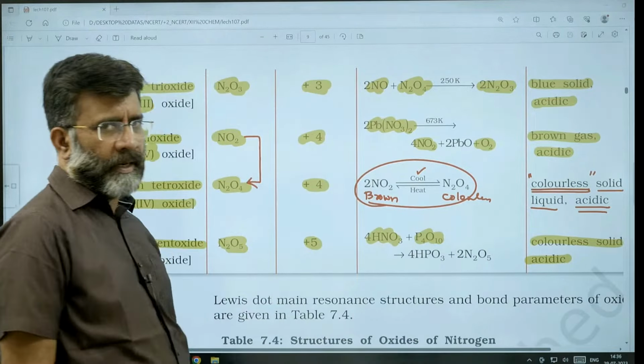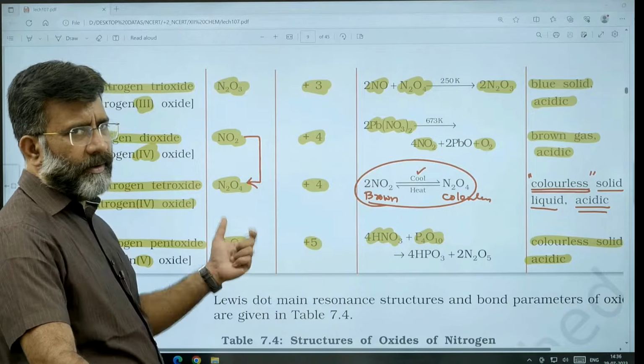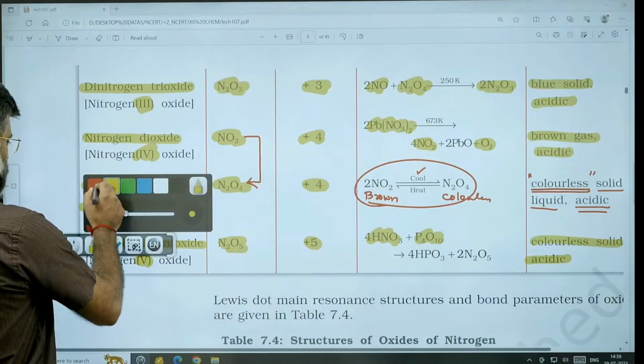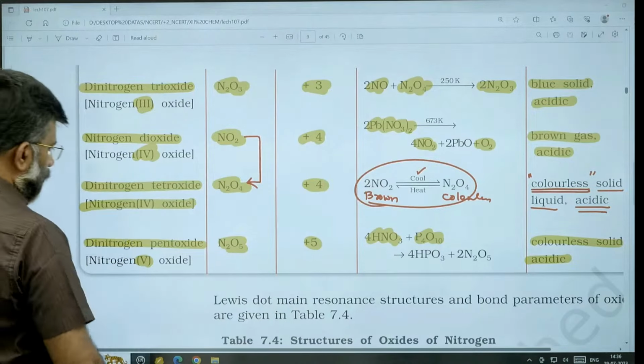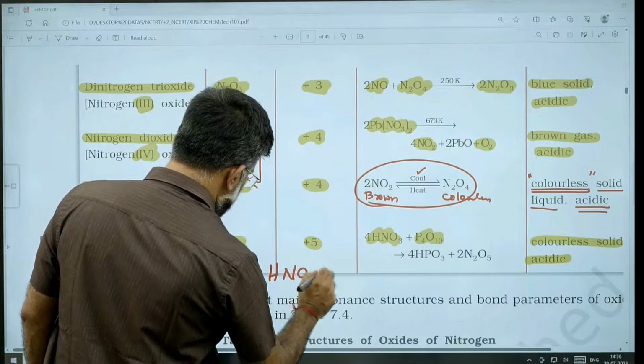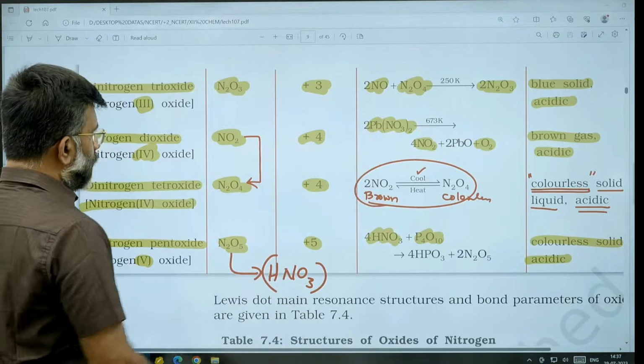Nitric acid with the P4O10, you get N2O5. I think many of you know this is called anhydride of nitric acid. This when treated with water, you will be getting nitric acid, HNO3. This is called anhydride of this, while this is called anhydride of nitrous acid.